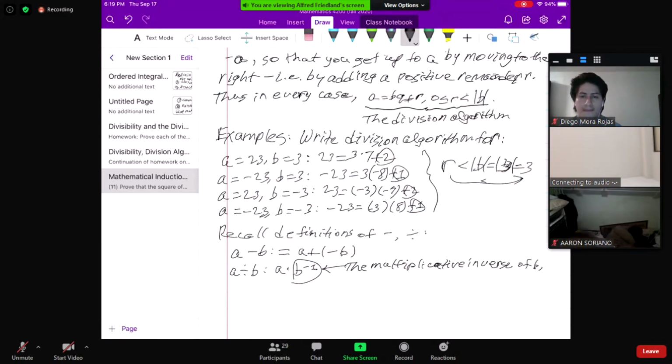I don't suppose anyone can guess the next 3 words I'm going to write. Okay, I'll write them. If it exists, right? So first of all, 0 never has a multiplicative inverse, because what does the multiplicative inverse of a number have to do?